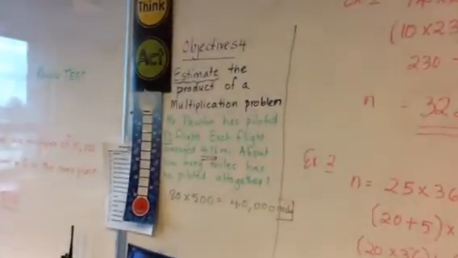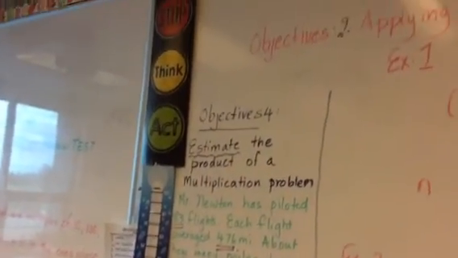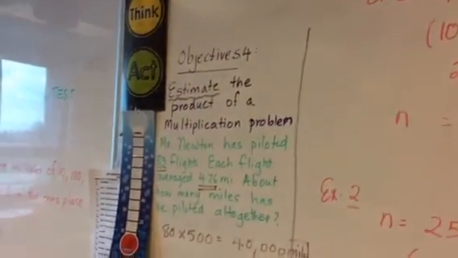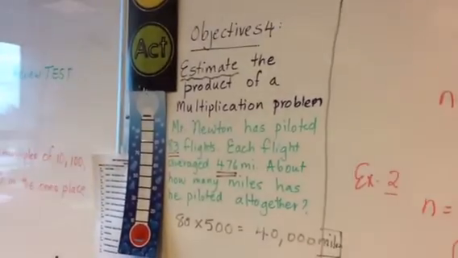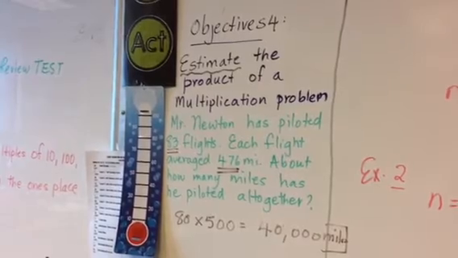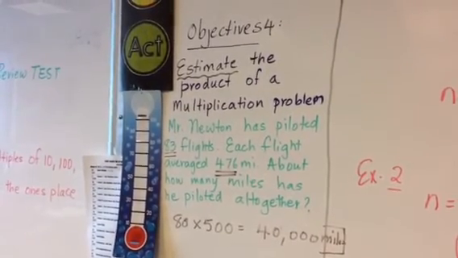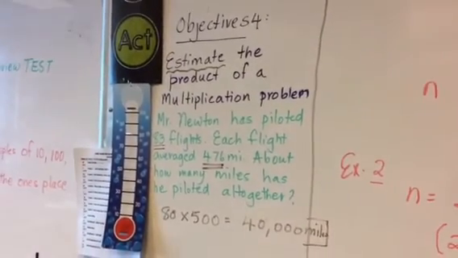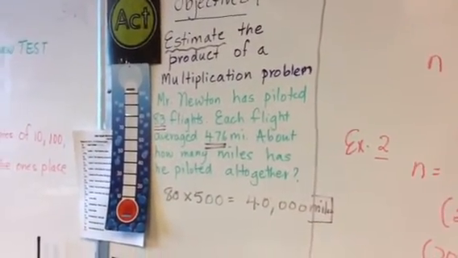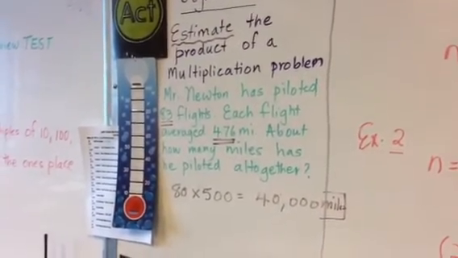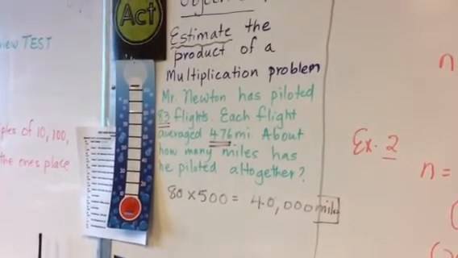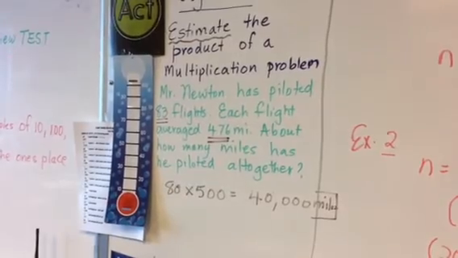Objective 4 is right here next to my Stop, Think, and Act: estimate the product of a multiplication problem. This is a story problem. Mr. Newton has piloted 83 flights. I underlined the number twice because that is a number you have to take into consideration. Each flight averaged 476 miles. About how many miles has he piloted altogether?